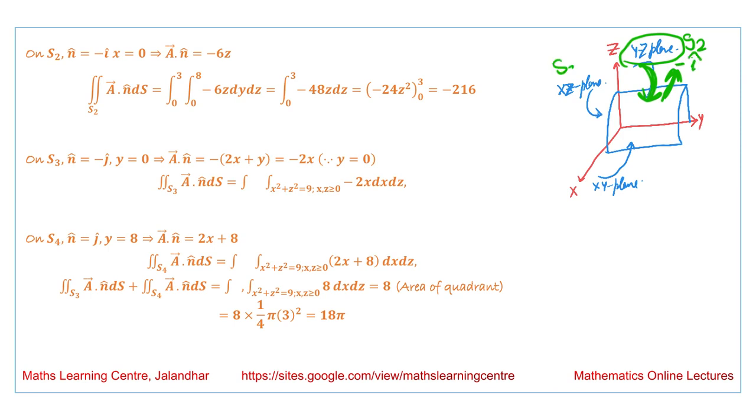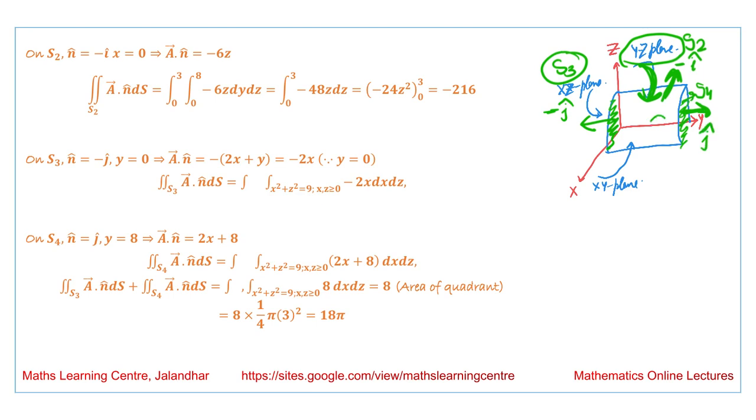Then we have this surface S3, and the normal to this surface will be minus j cap. Then we have this surface S4, and the normal to this surface is given by j cap.